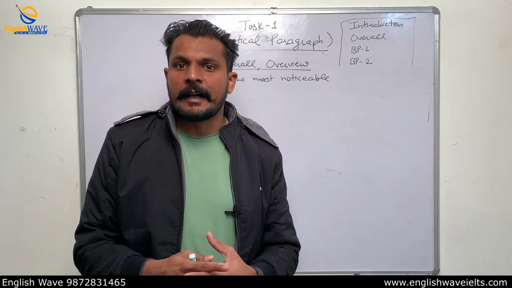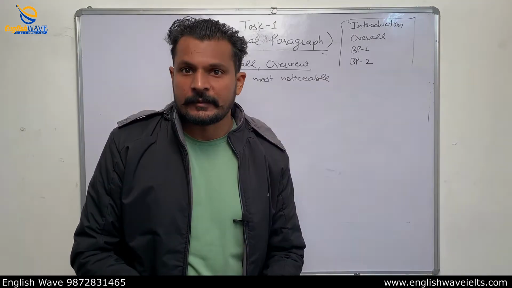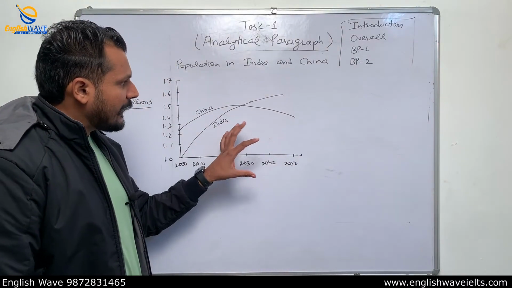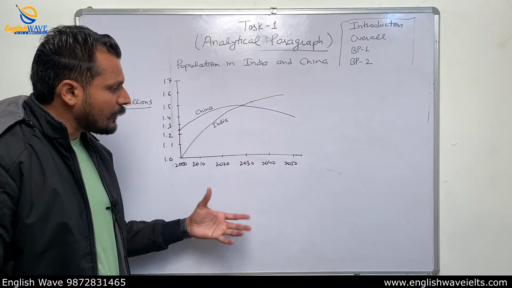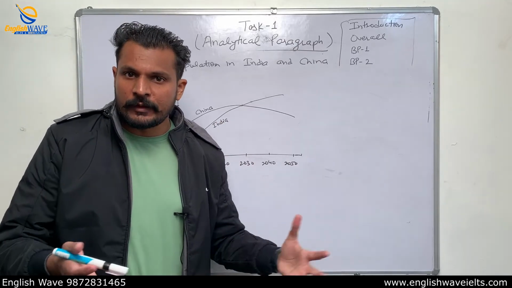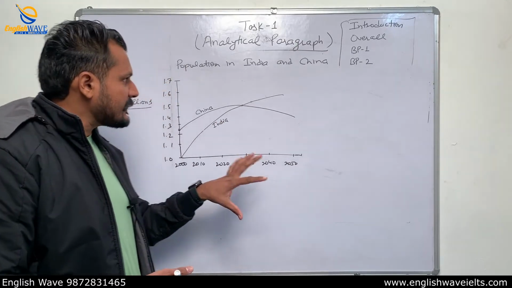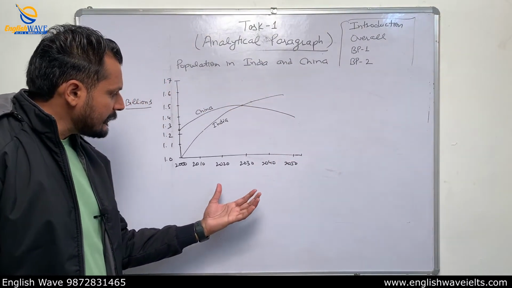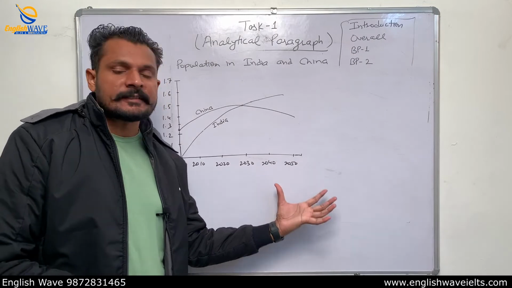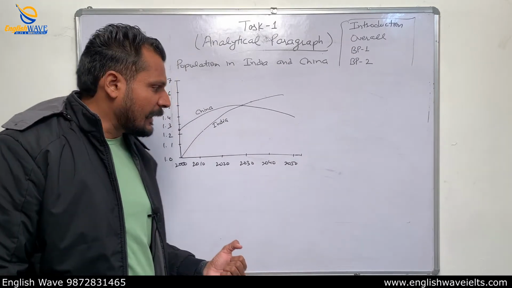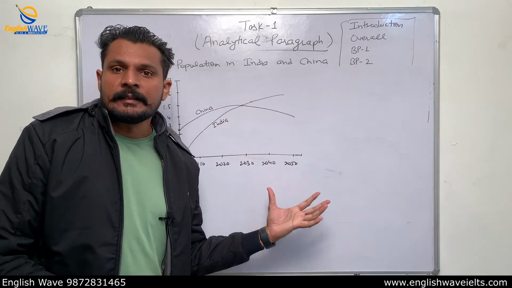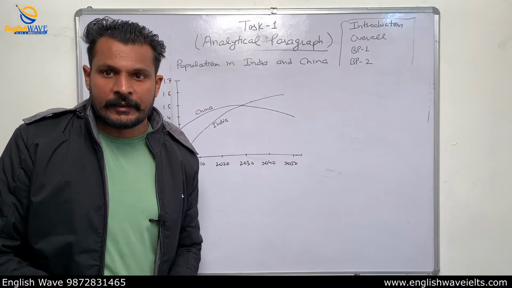So let's take an example to understand it in a better way. This is the example that we are going to discuss, and we will try to write down the overview for this graph. This is the graph of population in India and China, and in the future years there are some predictions. Obviously, for the years which are in the future, we will use the future indefinite tense.